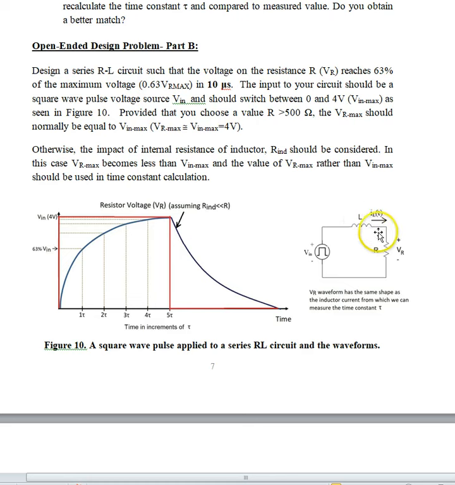Since we have no way of observing the inductor waveform in Analog Discovery, we're using the resistor voltage. So in our case, it would take 5 times the time constant to reach the full magnitude here on the input, and again 5 times the time constant to reach the 0 level. So you can treat this as the inductor current reaching its fullest value.